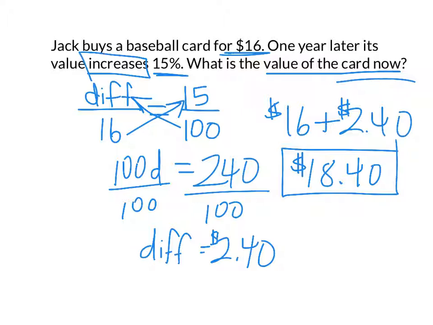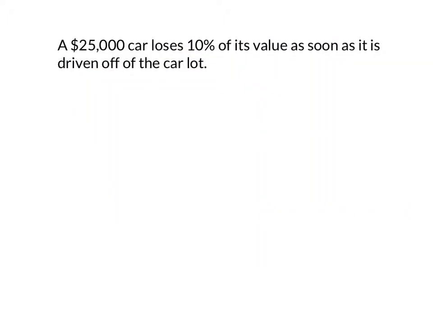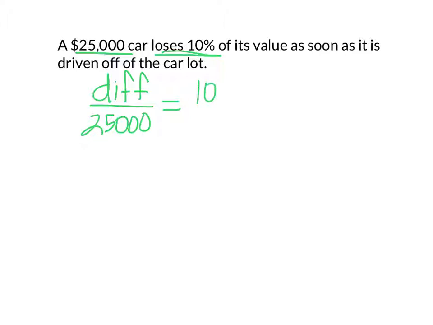Let's try a decrease. So let's say that a $25,000 car loses 10% of its value as soon as it's driven off the car lot. So again, we have an original amount, and we have a decrease percent. We just don't know the difference. So again, the difference over the original, which is 25,000, equals the percent decrease, which is 10 over 100.